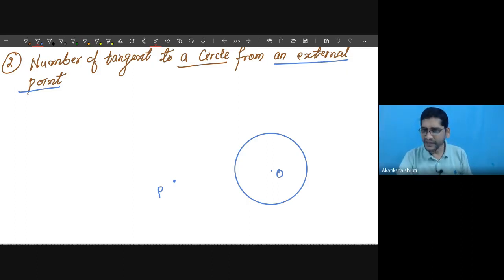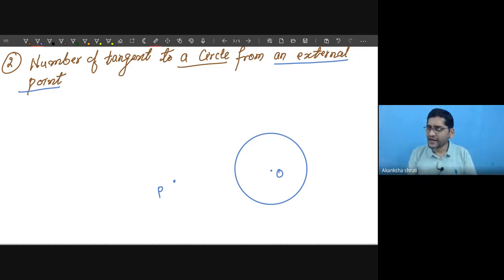It can be at the bottom, at the top, on the left side, or on the right side of the circle. But P should not be on the circle or inside the circle. Otherwise, a tangent cannot be drawn.